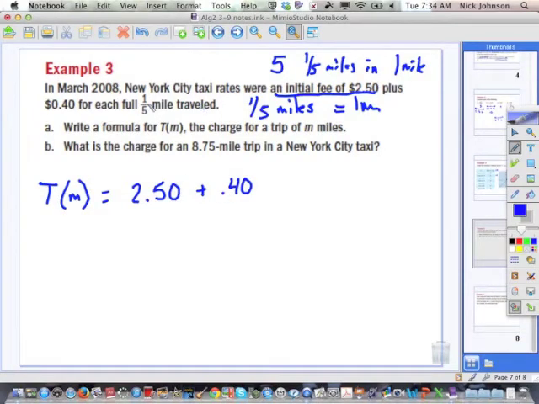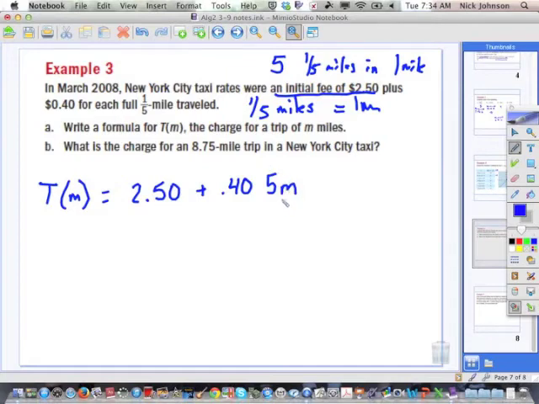Now what I said is that there's 5 1/5 miles in each mile. So where I'd normally put miles, now I have to put 5m, because we're getting charged 5 times for every mile that we went. I hope that makes sense. And if it doesn't, you can ask me later.